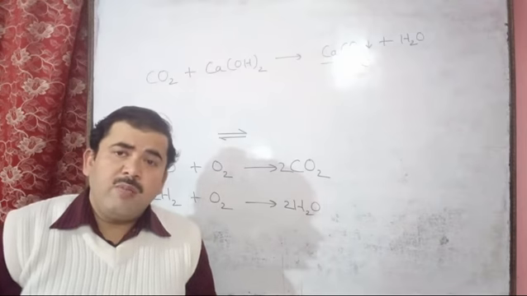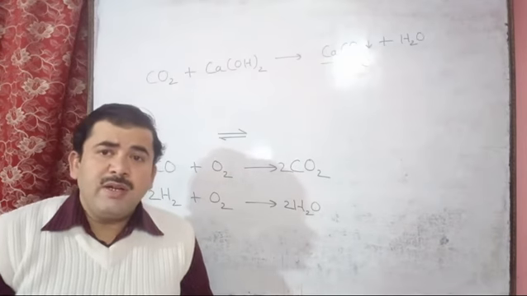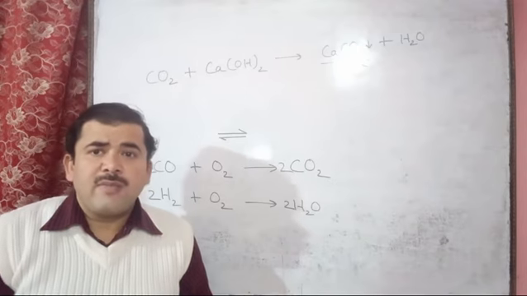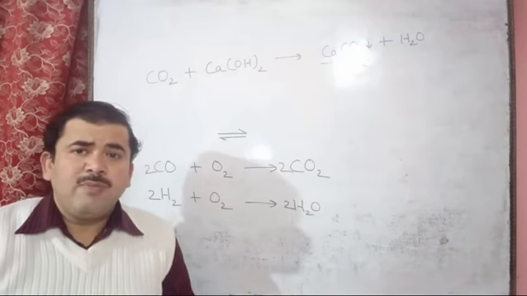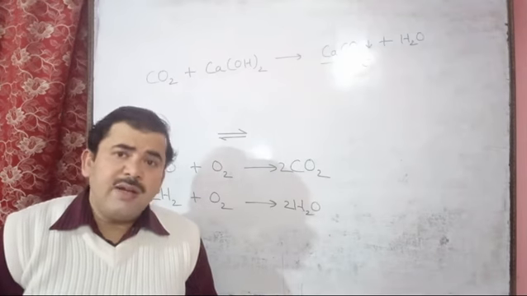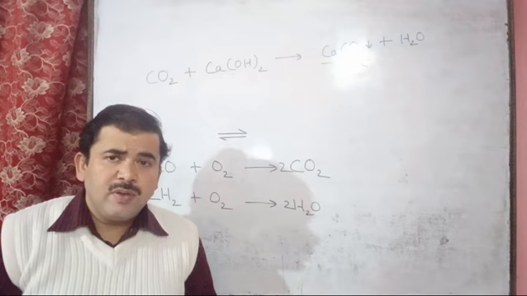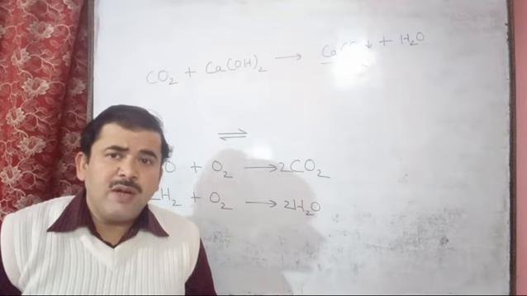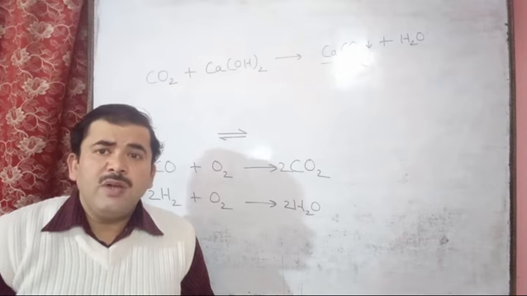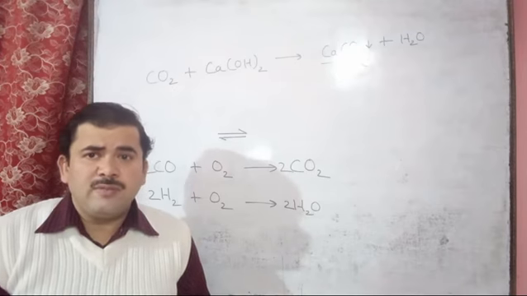So here in the Bosch process you have studied in the step third, this is the separation of impurities. So here carbon monoxide, this is the unreacted carbon monoxide, and this mixture of carbon monoxide and hydrogen we will pass through the ammoniacal cuprous chloride solution.